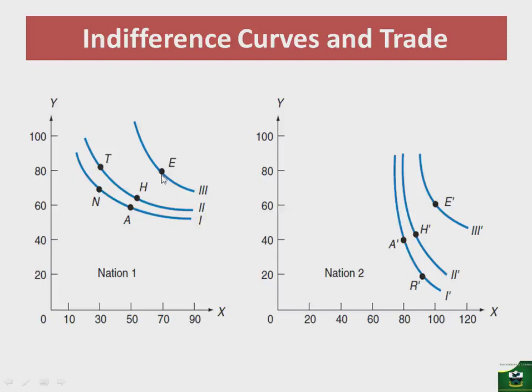Given the properties we looked at earlier, that higher indifference curves yield more satisfaction compared to lower indifference curves, it means that point E has more utility for the nation compared to points T, H, N, and A. And A and N have lower utility levels compared to H, T, and E. But it should be noted that A and N have equal utility levels for the nation.